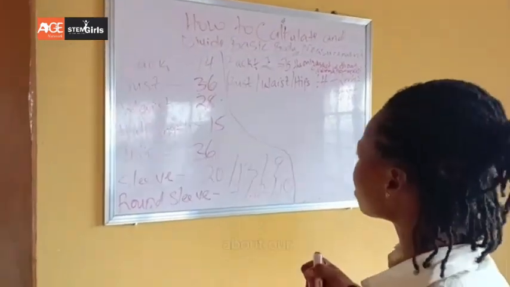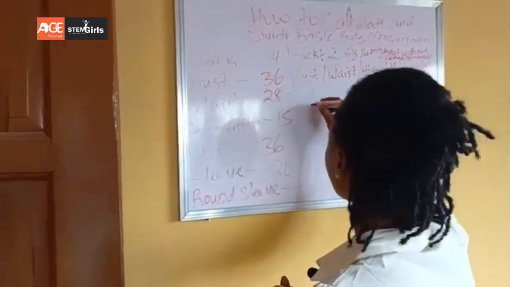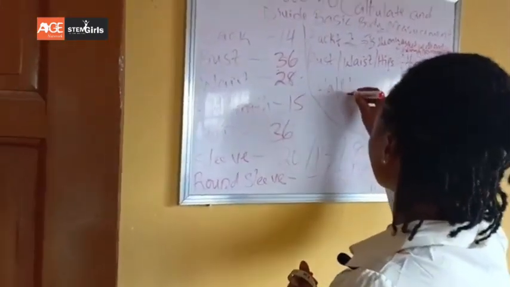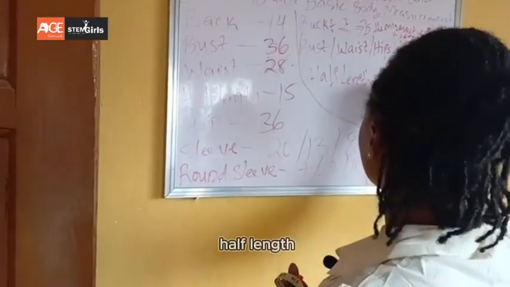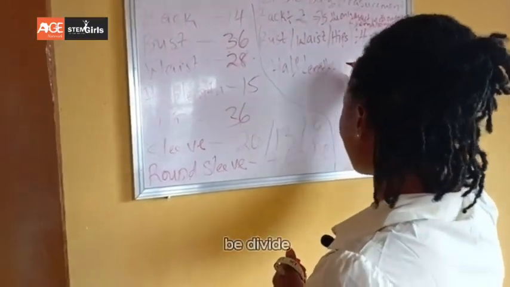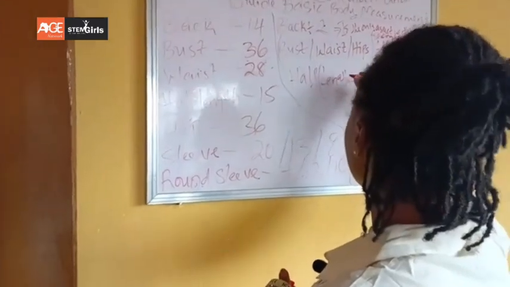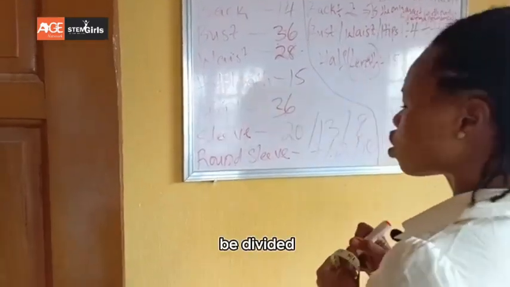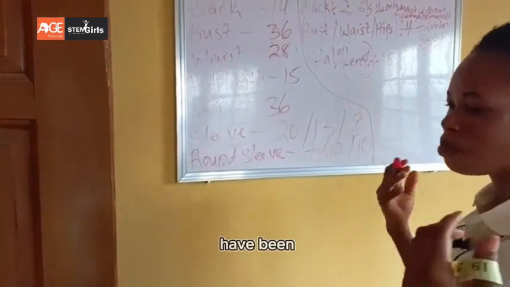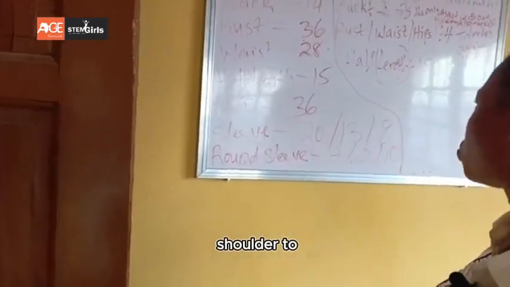Then when you are talking about half length, if your half length is 15, it will not be divided, because anything concerning length cannot be divided, since it is measured from the shoulder to the half length.